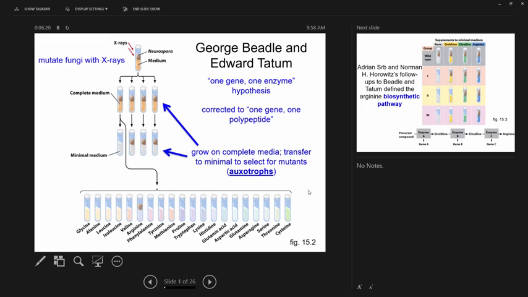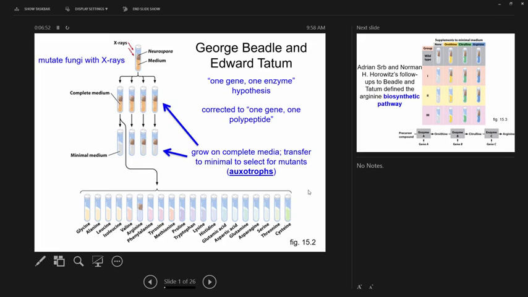Beadle and Tatum came up with the one gene, one enzyme hypothesis. And they explained it by this experiment, saying that only one gene was mutated in this and only one enzyme was hurt. So these organisms can make all the amino acids except for arginine. And for example, if another one had grown here, that organism could make all the amino acids except for proline.